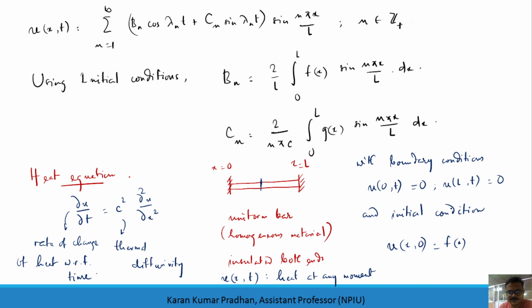Now see the difference between the wave equation and the heat equation. There you have the second partial, here you have the first partial, so there is a little manipulation in this case. This term will vanish, and you will have a different term related to this. I'll write the solution directly and write the Fourier coefficient again.